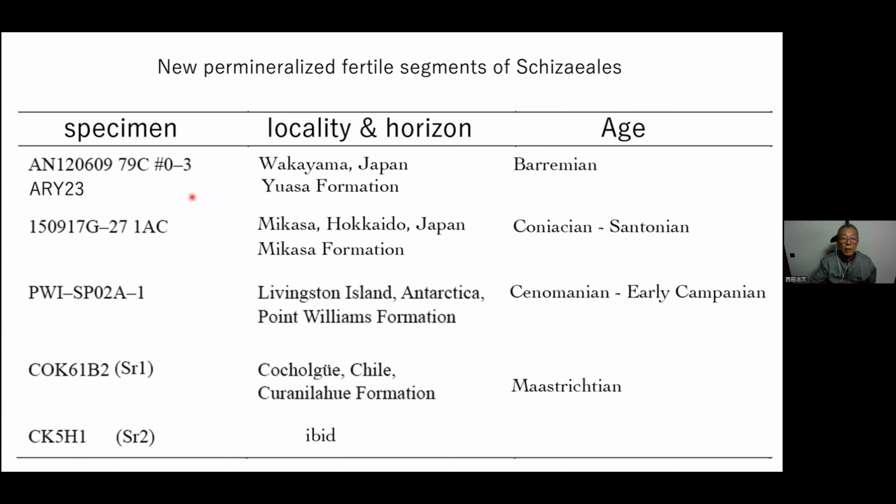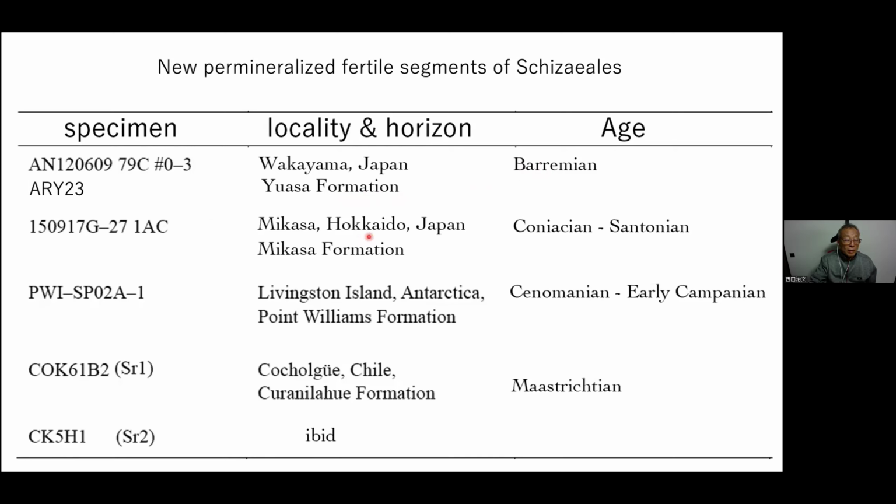And the Wakayama, in the middle south of Japan, there is an early Cretaceous stratum bearing some fern-related plant concretions. And this is the Barremian material, Barremian to Aptian sometimes.